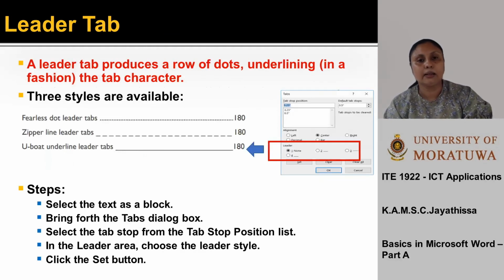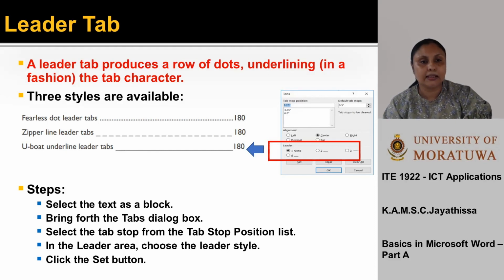And the last one, the leader tab formatting. A leader tab produces a row of dots underlined in the tab character. Here mainly we have three styles of leader tab formatting.